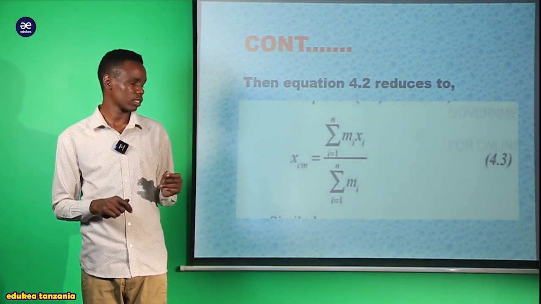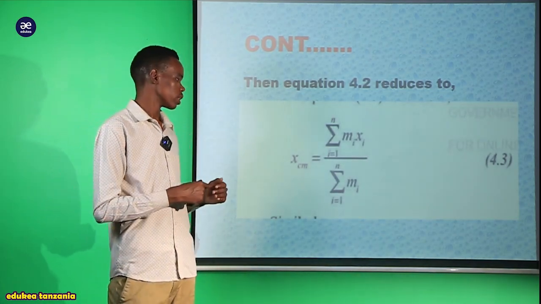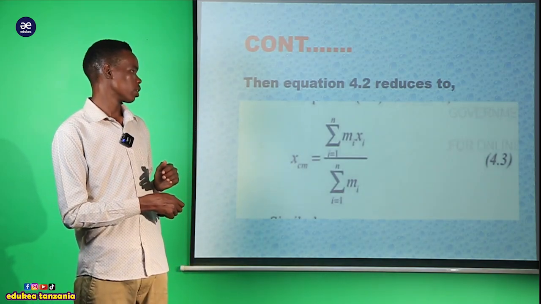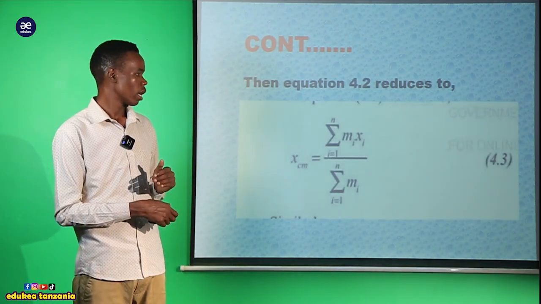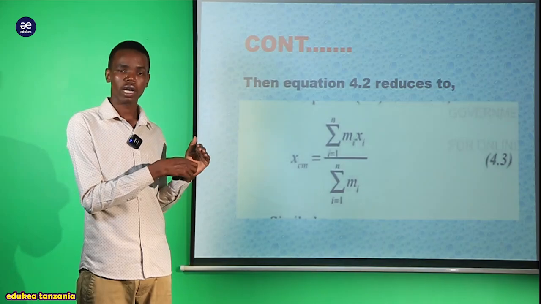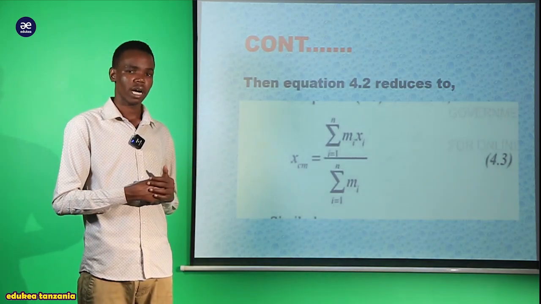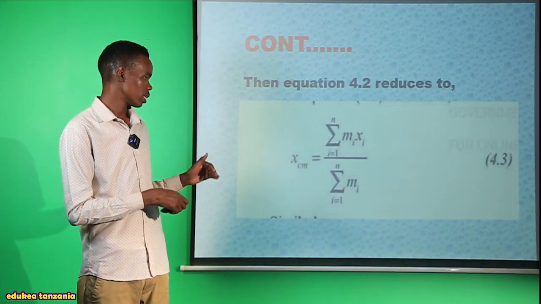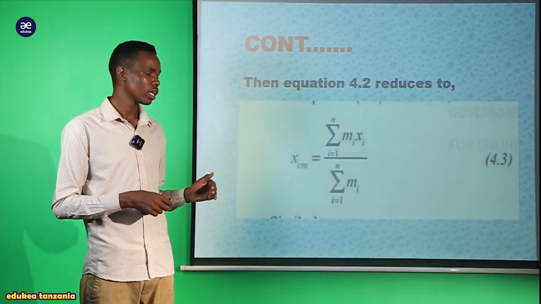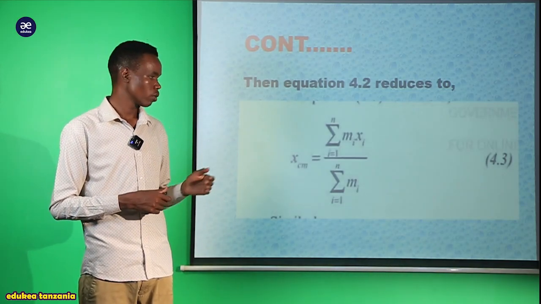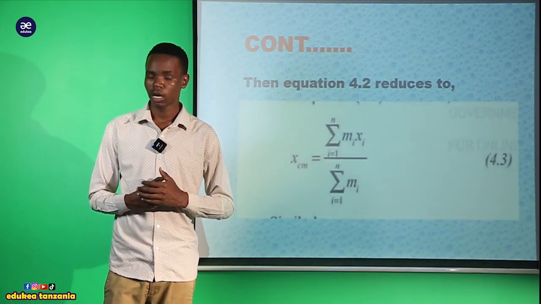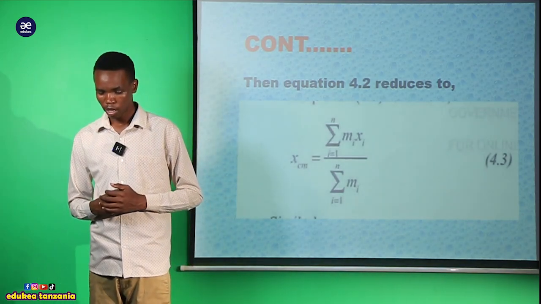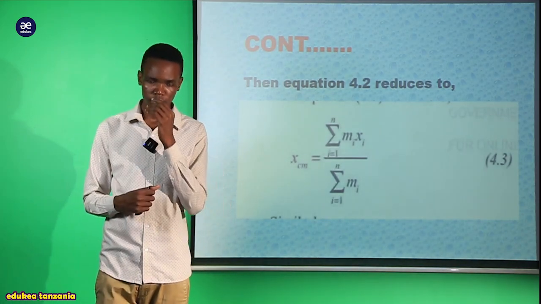The displacement along the x-axis must be equal to the summation from i equals 1 up to i equals n of mass i times xi, divided by the summation from i equals 1 up to i equals n of mass i. This should be equation number 4.3, my dear students.